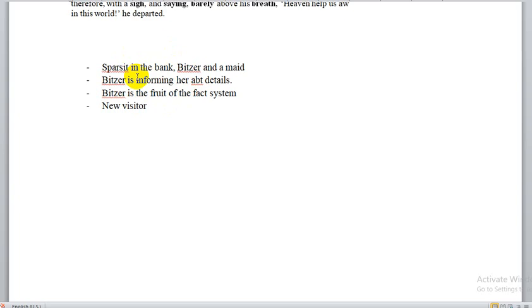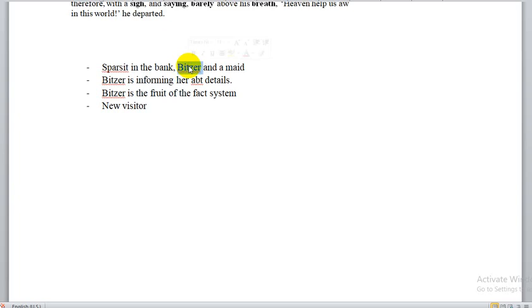As you know, Sparsit was advised by Bounderby to move to the bank because it's inadequate for her to live at his house with Louisa. So he thinks that it is more suitable for Sparsit to move to an independent apartment, and Bounderby has already prepared an apartment for her at the bank. And he also appointed a kind of servant, a porter for her, who is Bitzer.